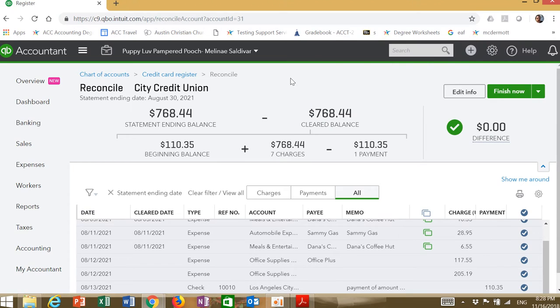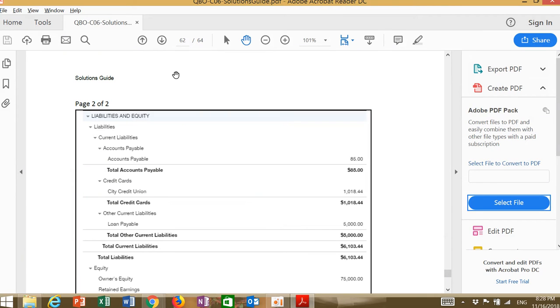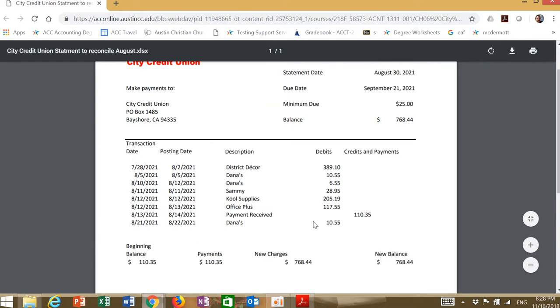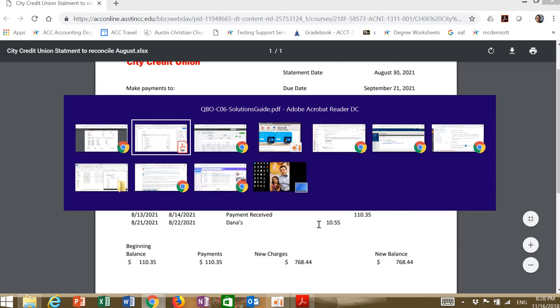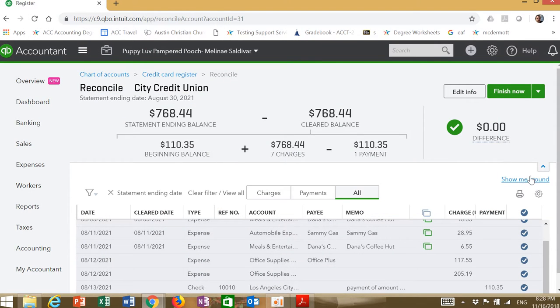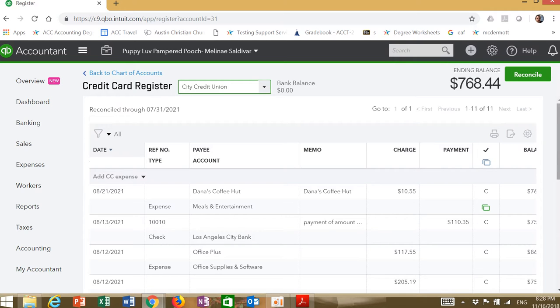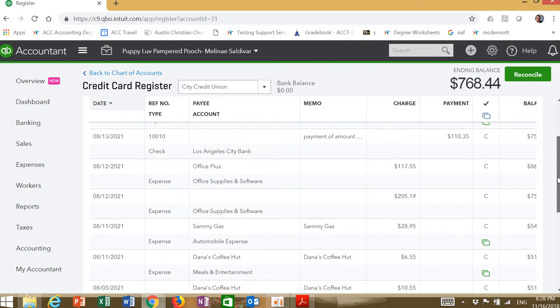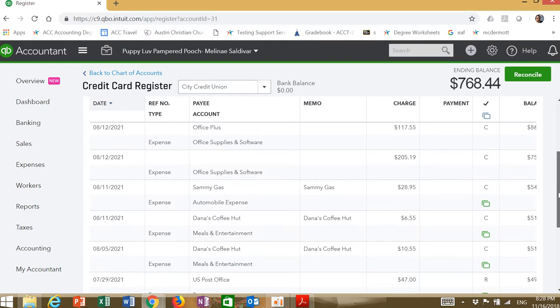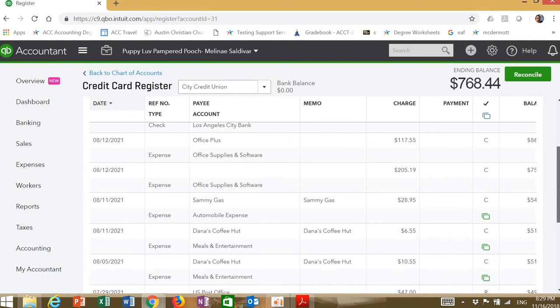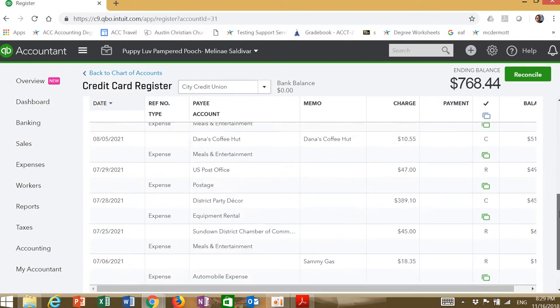Okay, resuming here, and it looks like there's one more transaction that doesn't belong, that's not on the statement. If I look at the statement here, it's not on there, but it is in the activity that was downloaded with that one spreadsheet, so we'll go ahead and add that. I'm going to go back to the register, and there is this transaction, which should be towards the end of the month.